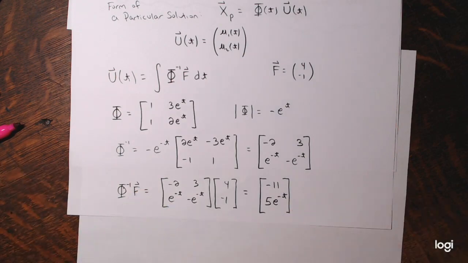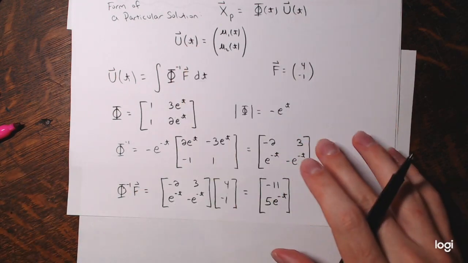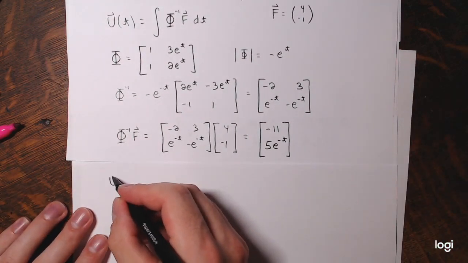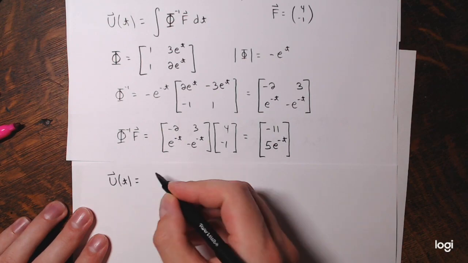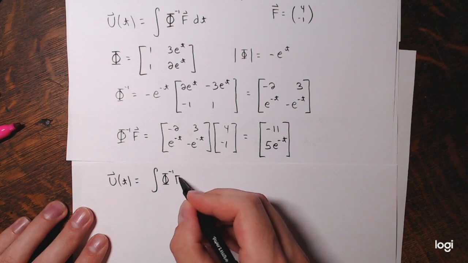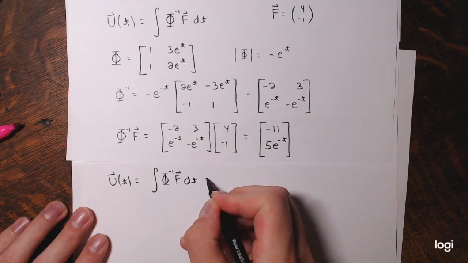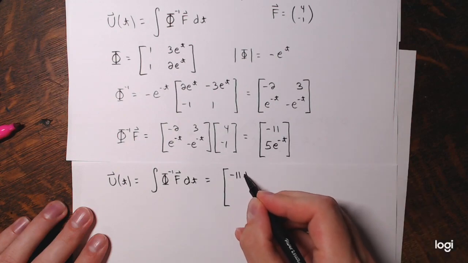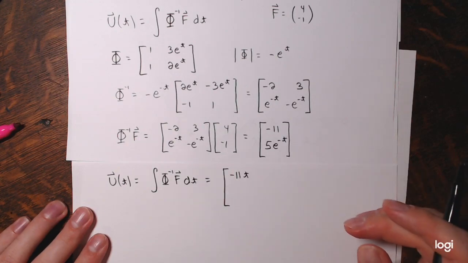And then we integrate this component by component, and that gives us our vector u. So again, this vector u of t is the integral of phi inverse times f with respect to t, which if you integrate each component, would be negative 11t. And don't worry about the constants of integration.